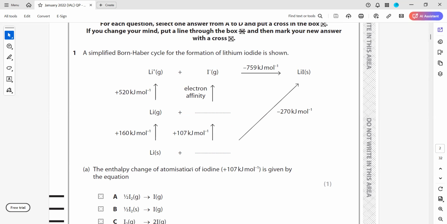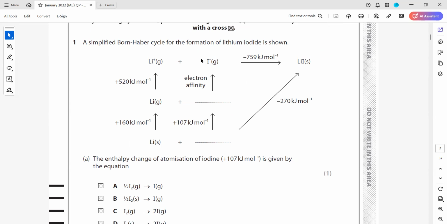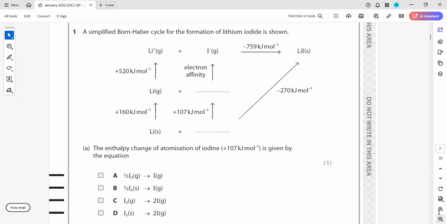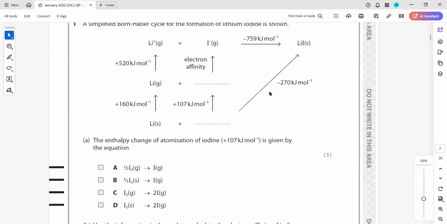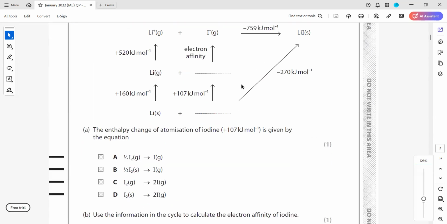The enthalpy change of atomization of iodine is 107. What is the meaning of the term atomization? Atomization means when we produce 1 mole of atoms in a gaseous state. So what is the state of iodine at room temperature?